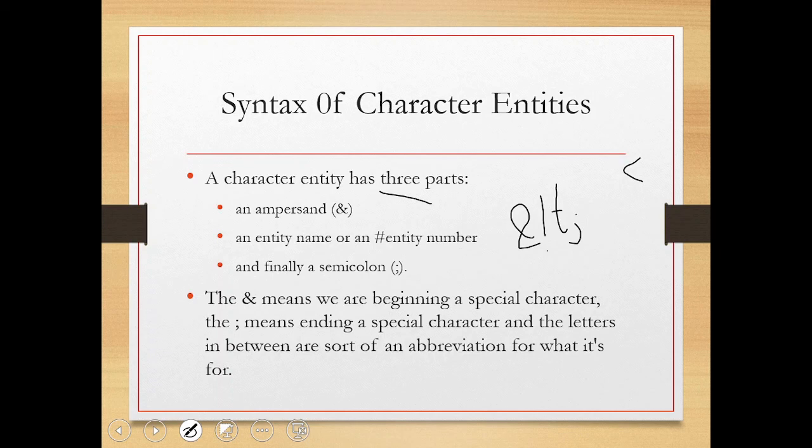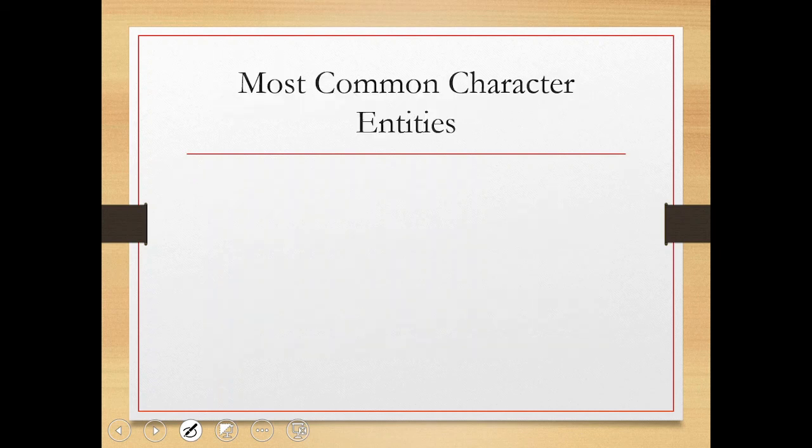That's how LT is an abbreviation for less than sign. So the ampersand is the beginning, the semicolon is the ending, and in between is the abbreviation of a particular term that you want to display. There are a lot of common character entities that we'll be using inside HTML.